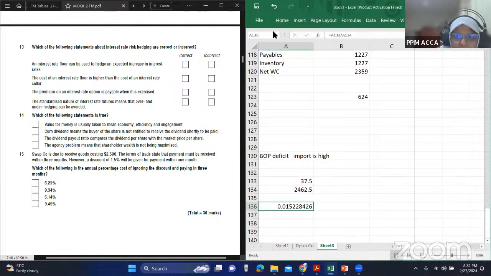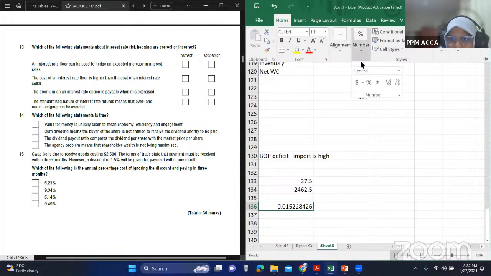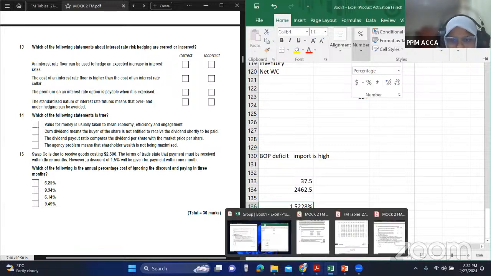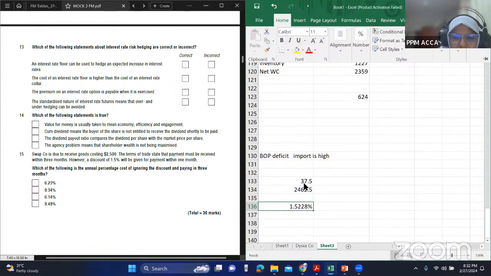Let's take it as a percentage. It is 1.5228%. So if you take this 1.5% discount, you're actually talking about a 1.5228% discount.